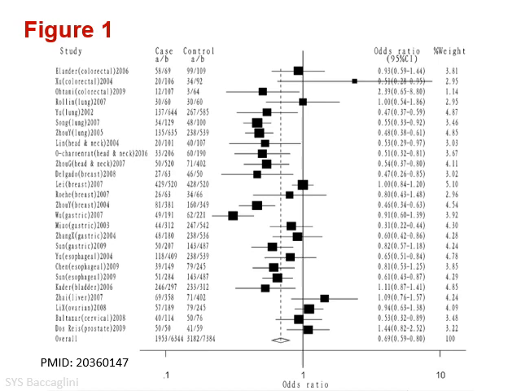Now take a look at Otani again. The box with the estimate is to the left of 1, which is the null for the odds ratio.